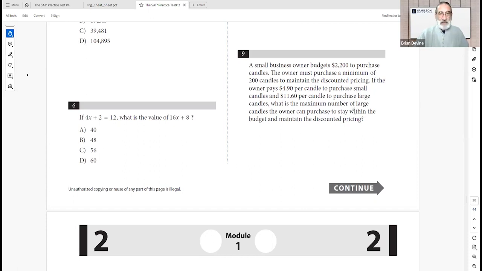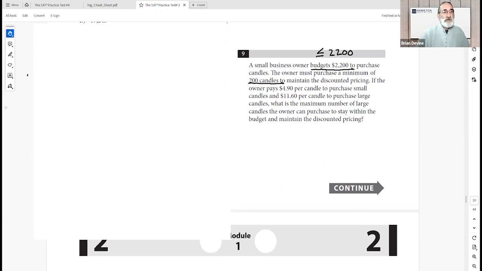Okay, so we've got, in effect, a system of inequalities where we've got money that's got to be less than or equal to 2,200. That's our budget. And we've got a total of 200 candles. You can easily graph this thing.